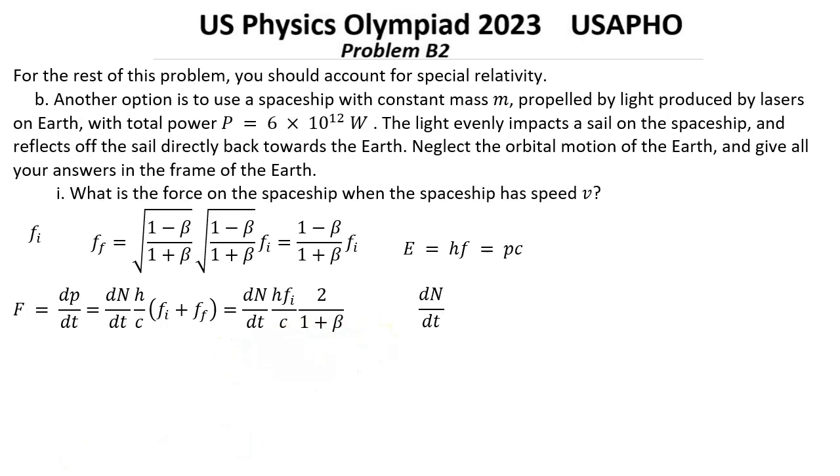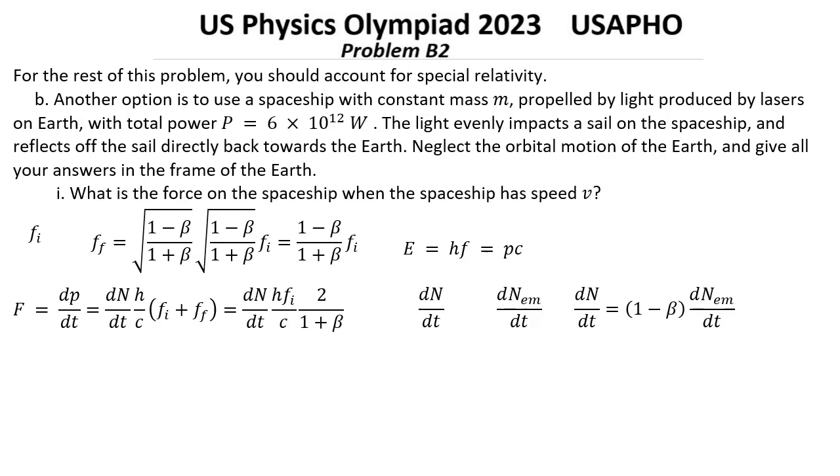Here delta n over delta t is the rate at which photons collide with the sail. It is related to the rate at which photons are emitted from the source on Earth by the formula 1 minus beta multiplied by delta n emitted over delta t.